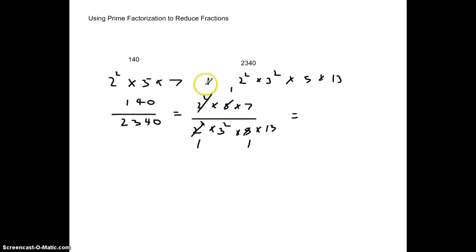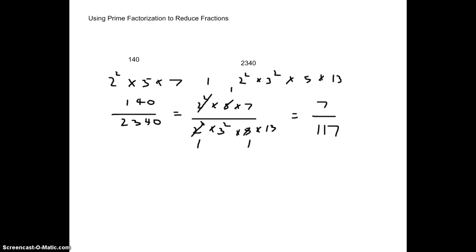So that will give us 1 times 1 times 7, over 1 times 9 times 1 times 13. So we have our fraction reduced to lowest terms.